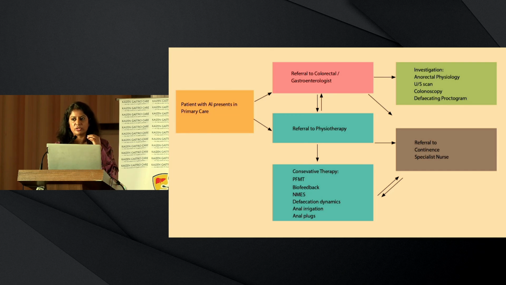Like I said, we are a small cog in the wheel. We cannot rule out a lot of differential diagnosis. So most of the time when the patients are sent to us, the differential diagnosis is already done because we do not deal with organic causes of constipation. But once all these scans are done, and you still realize we can't actually put our finger on this and this is more of a neuromuscular problem, then the referral comes back to us, and back and forth.